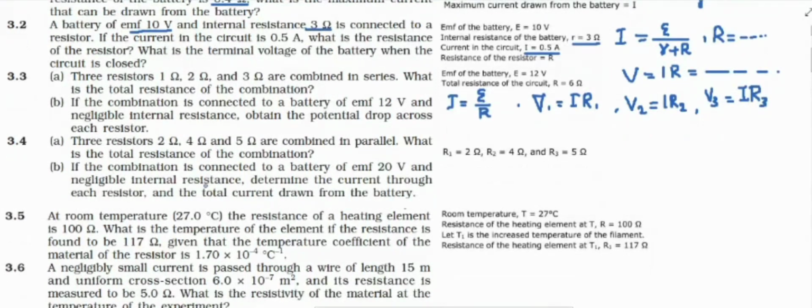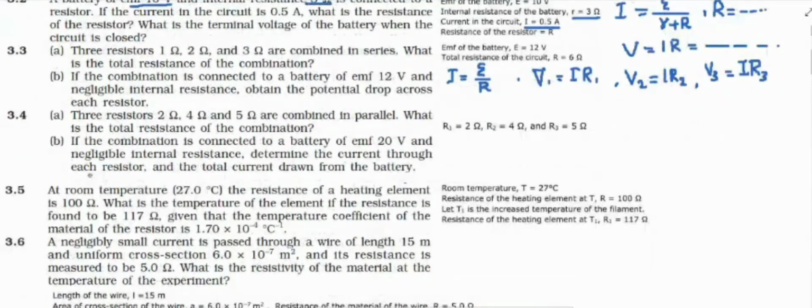Then next question 4. Three resistors are connected in parallel. What is the total resistance? For the parallel resistance formula you have to use 1 by RP is equal to 1 by R1 plus 1 by R2 plus 1 by R3.